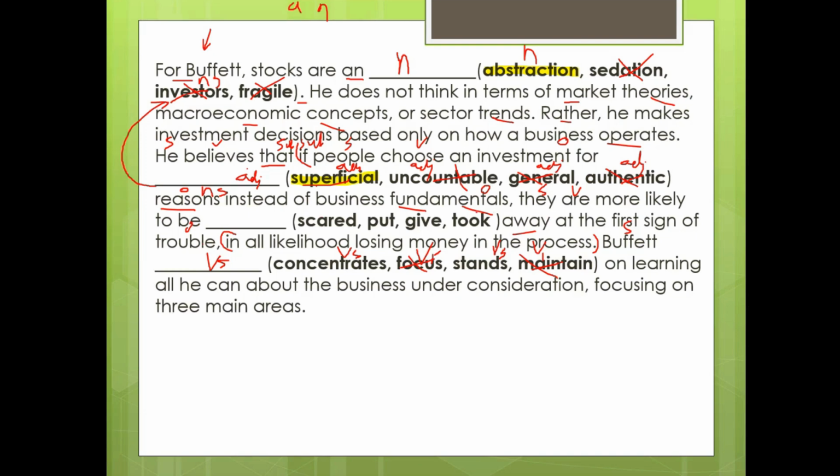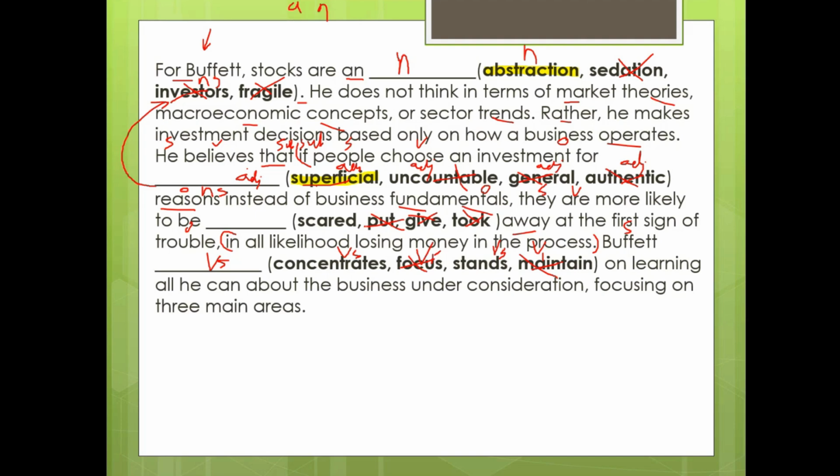When there is trouble, are you going to take away? Take away is take away. You can take away food from a restaurant. You can dine there or just take away. You can give away your stuff. If you have a lot of clothes, you can give away. If there is trouble, you can put away. You can put away the dustbin somewhere else.